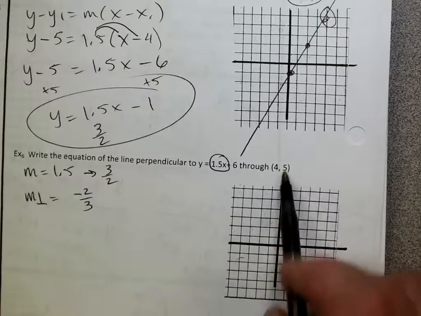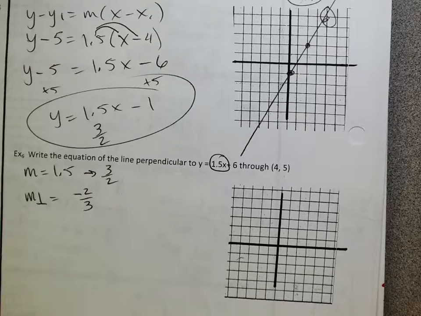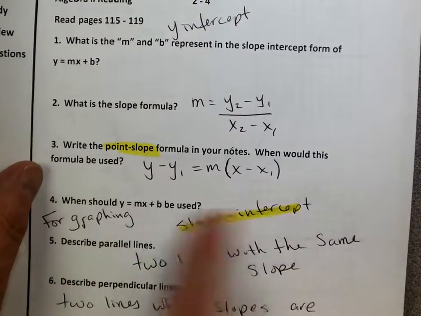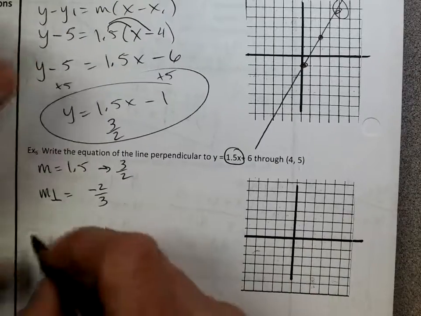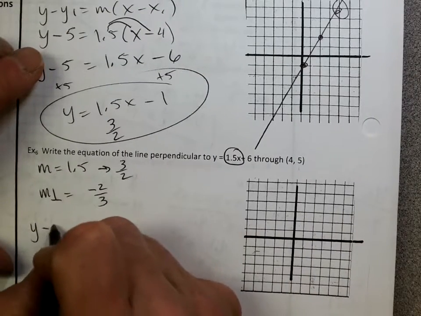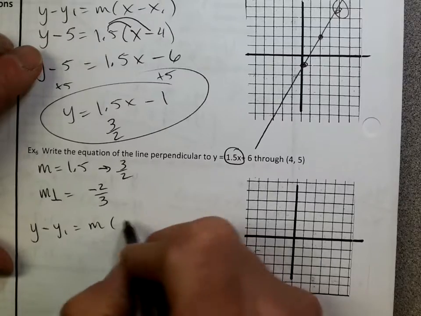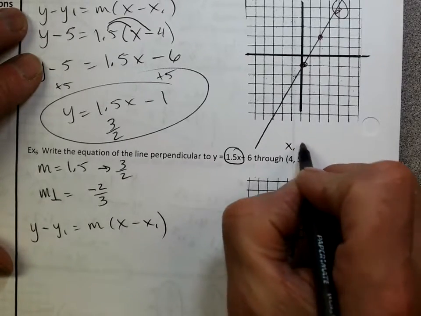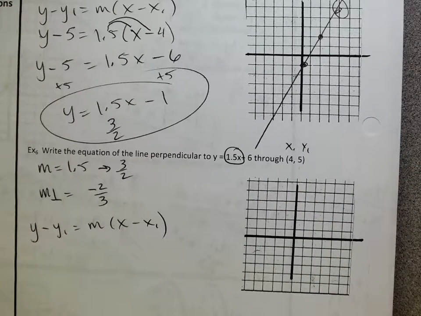Now, I've got a point and I have a slope. Let's use the point-slope formula, right? So I'm going to use my y minus y1 equals my m times x minus x1, okay? My point's got an x1, y1.